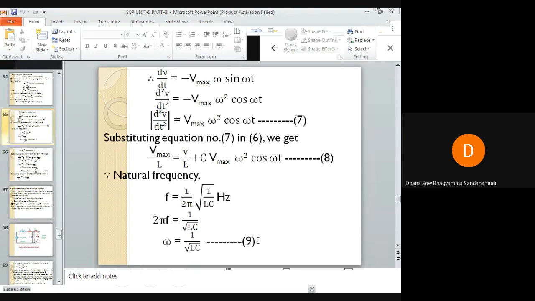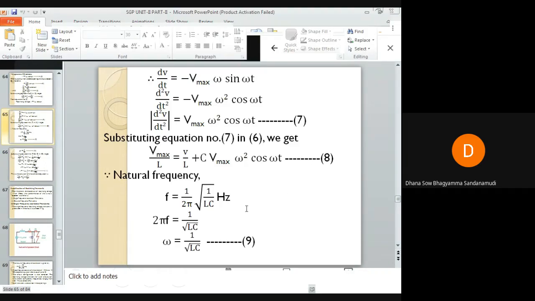If omega equals root of 1 by LC, or 1 by root LC, what is omega square? Omega square equals 1 by LC. Now substitute omega equals 1 by root LC and omega square equals 1 by LC in equation number 8.